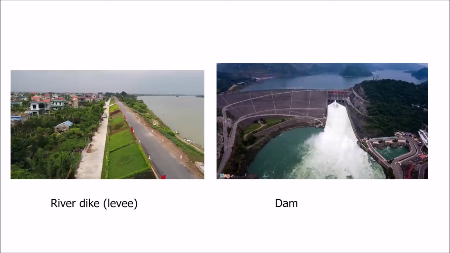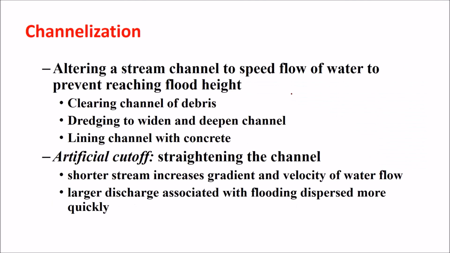Yeah. Okay, here are some pictures about the dike, the levees, and about the dam. Yeah, I think this picture is of the Red River, and this is the Hòa Bình hydropower dam, very famous for you. And the other method is channelization.